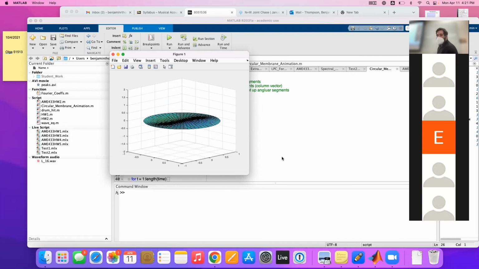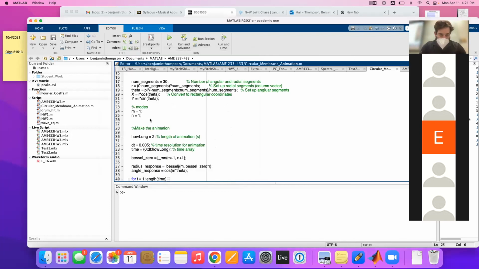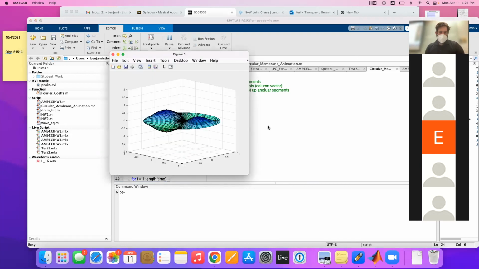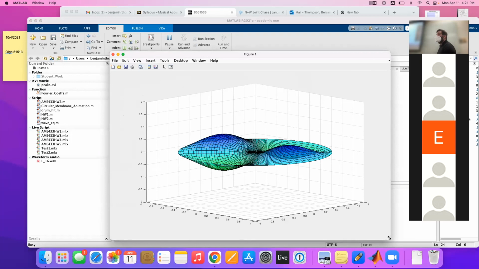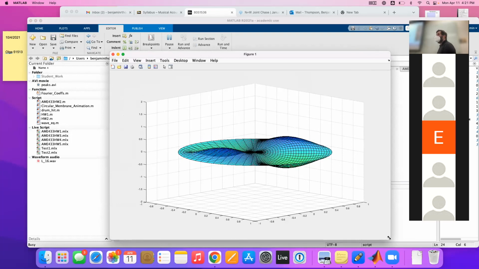If I want another radial nodal line, I can do this. Now it gets harder to see what it's actually doing because it looks like it's inflating. Now we get this.